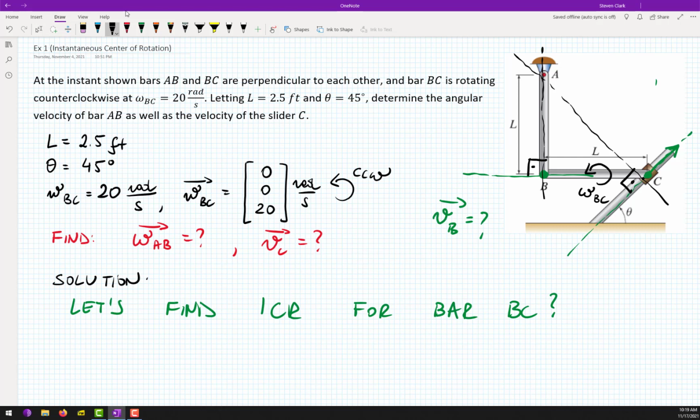Our ICR is at their intersection. So you can clearly see, guys, that point A is the ICR of bar BC. Do you see that? Cool.